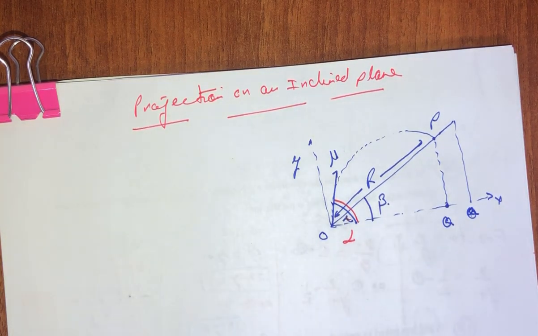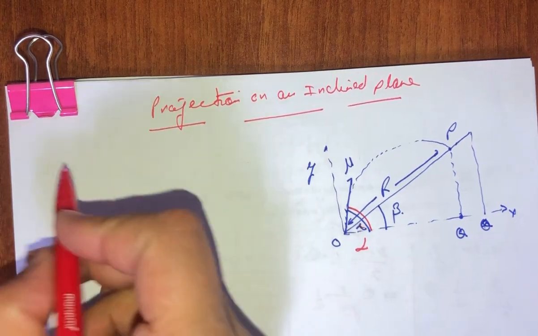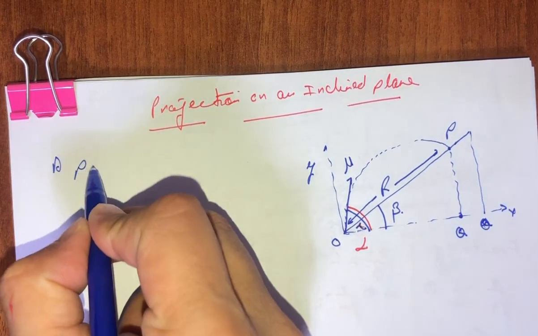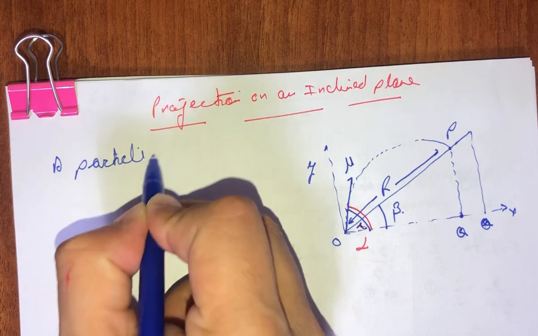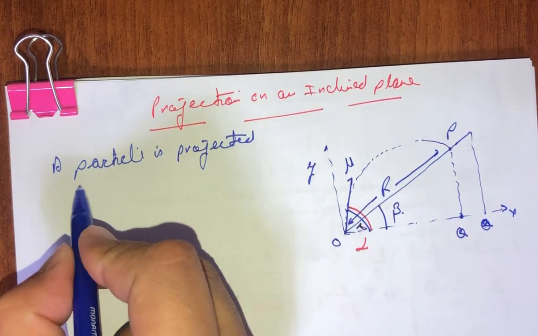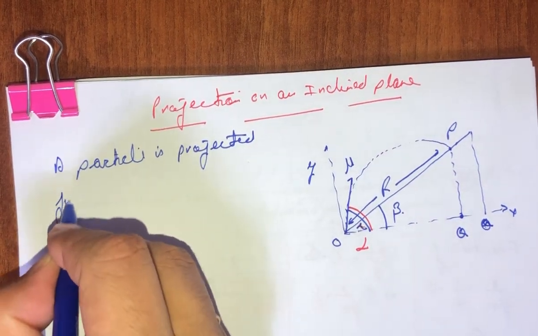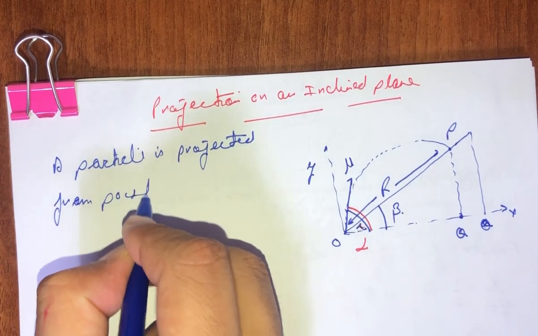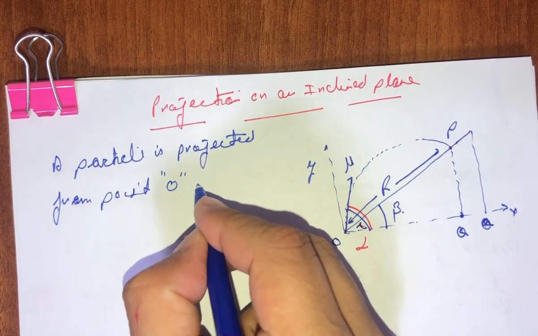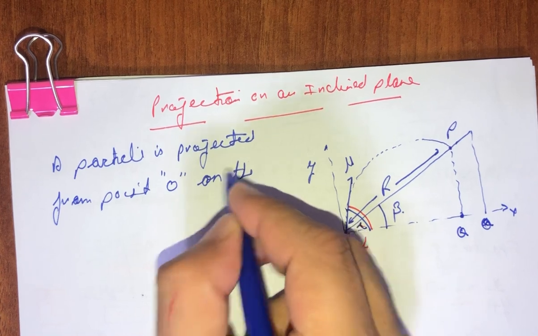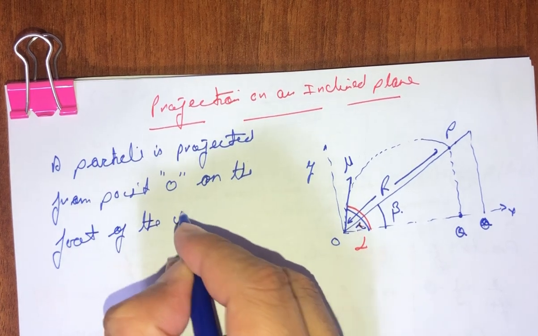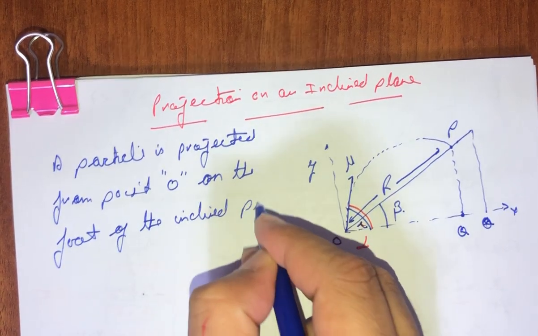So we can write it as the same thing: a particle is projected from point O on the foot of the inclined plane.